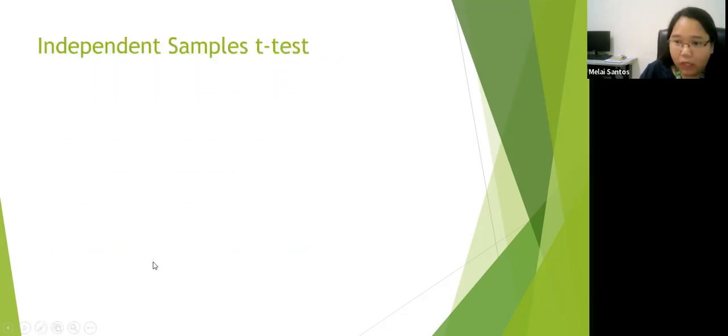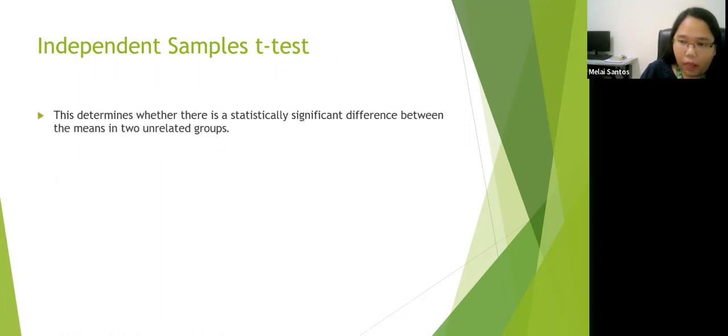So now we will go to the independent samples t-test. The independent samples t-test determines whether there is a statistically significant difference between the means of two unrelated groups.